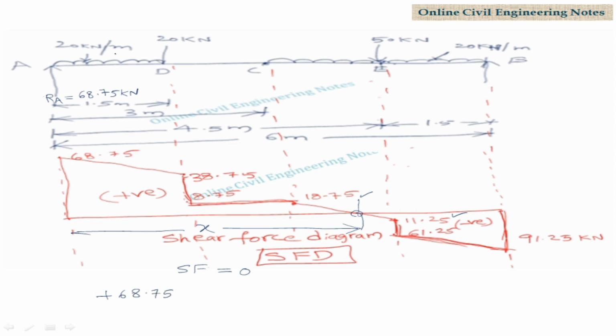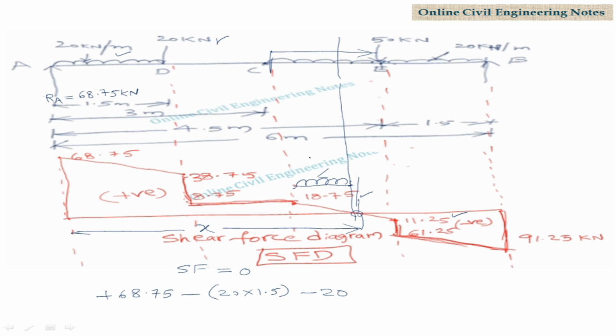Plus 68.75, and there is a UDL 20 kilonewton per meter, which is acting for a distance of 1.5 meter, acting vertically downward. So it is taken as negative: minus 20 into 1.5. There is another load, which is a point load acting vertically downward, minus 20. There is a UDL from this point to this point. We have to calculate the shear force from C to this particular point.